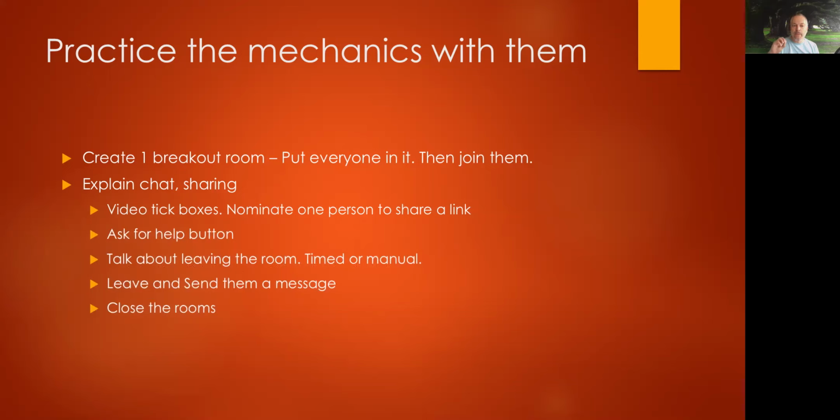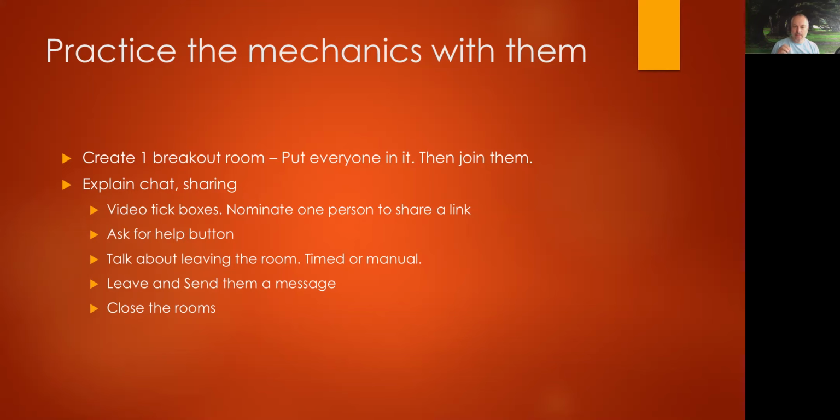You need to talk to them about leaving the room, whether it's timed or manual. So you can set a timer, or you can make it manual. I probably would manually close the meeting myself. You also can give them different options in this. When you create the meeting, you can decide whether they're allowed to come back to the main meeting when they're finished, or whether they have to wait till everyone finishes and you bring it together.